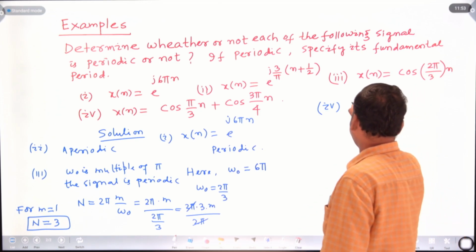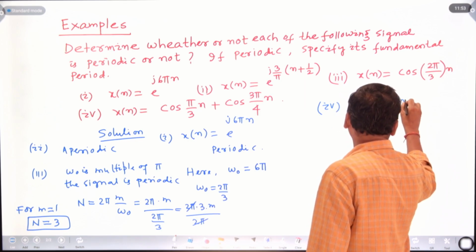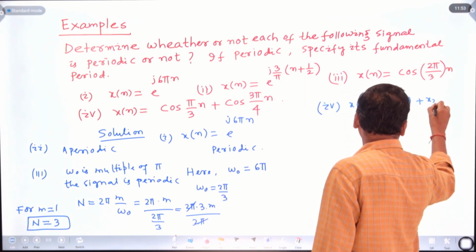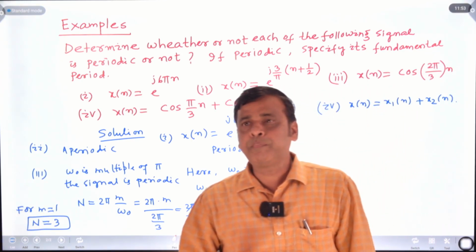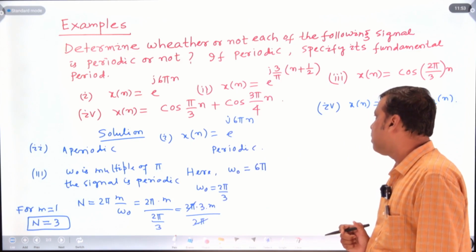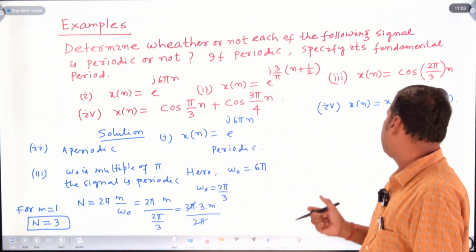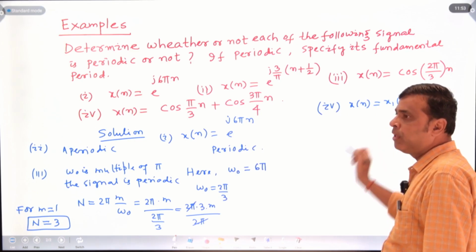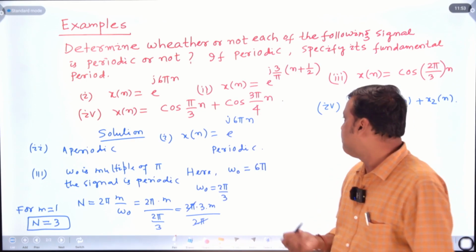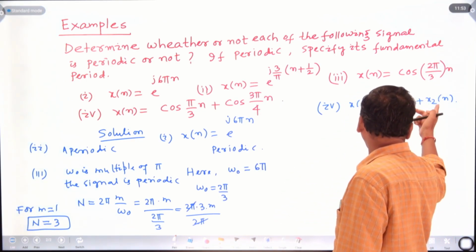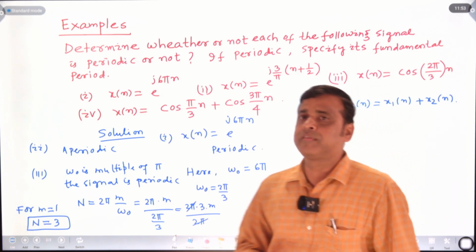Here x of n is nothing but x1 of n plus x2 of n. One thing I already told you: for the sum of two signals, if individual signals are periodic, there is no guarantee the sum of those periodic signals is periodic. If x1 of n is periodic and x2 of n is periodic, there is no guarantee x of n is a periodic signal.